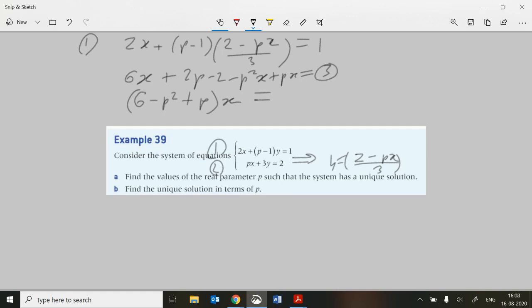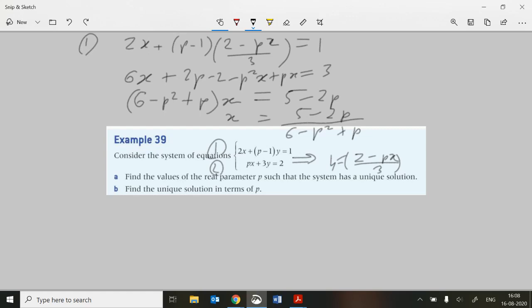So I've got 3 plus the 2, give me the 5, and then I've got the minus 2p there as well. Now I can see I've got x is equal to 5 minus 2p over this 6 minus p squared plus p there. Now, find the values of the real parameters such that the system has a unique solution.